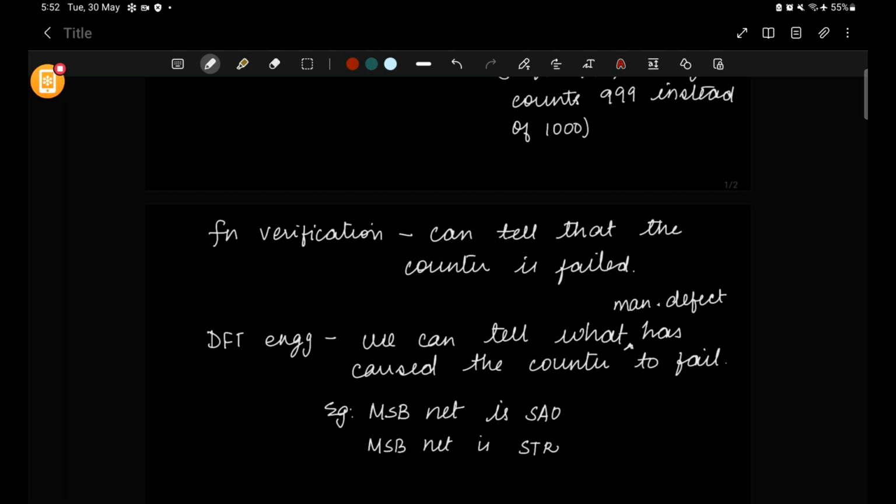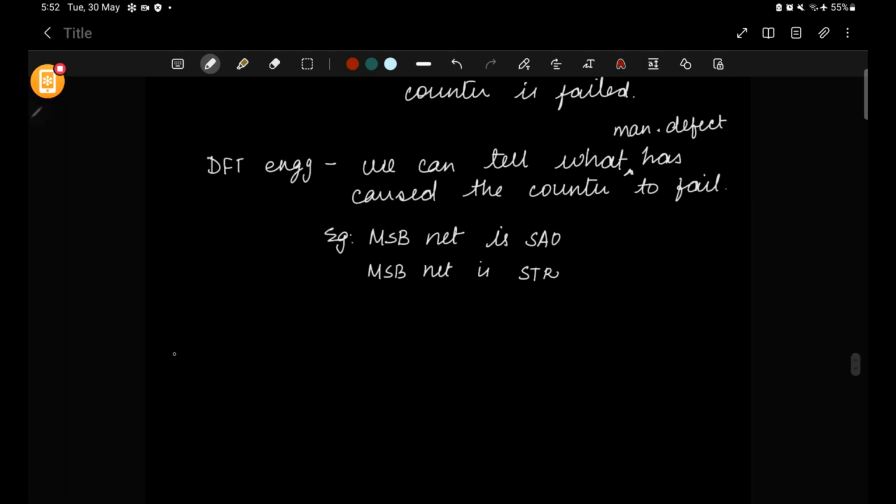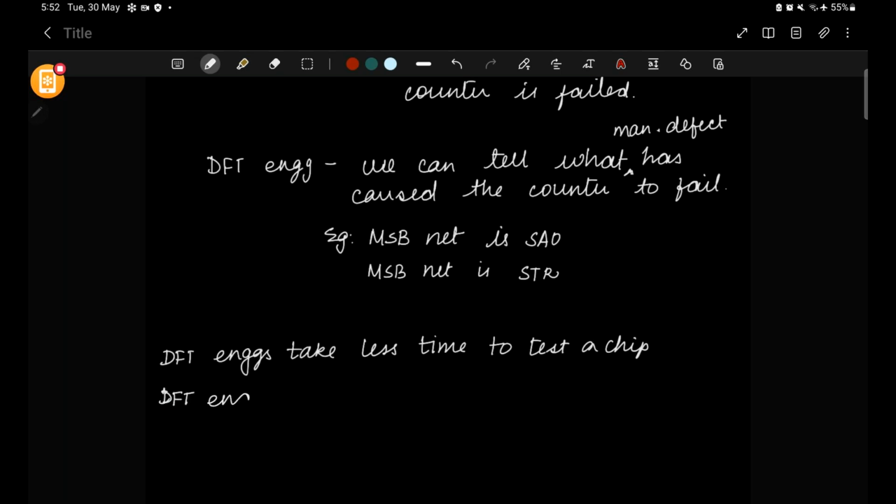DFT engineers also have various other advantages. They take less time to test a chip, and they require fewer test patterns to test a chip.